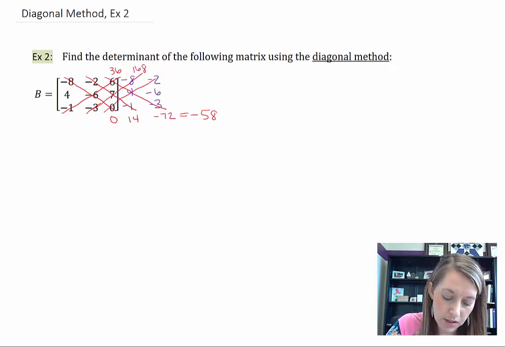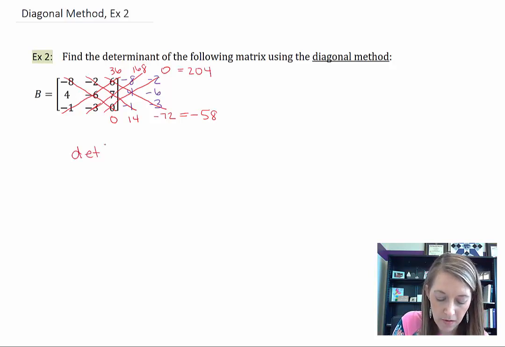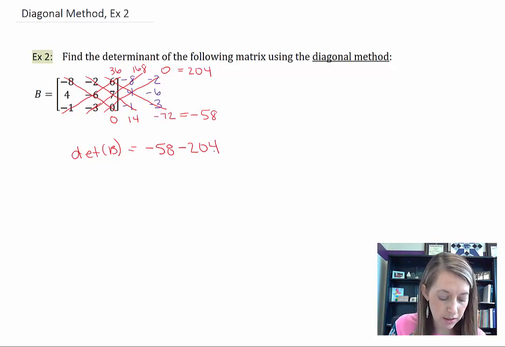And 0 times 4 times 2 gives me 0. So if I add those together, that gives me 204 on the top. So the determinant of B is my bottom, negative 58, minus my top of 204. And negative 58 minus 204 gives me negative 262.